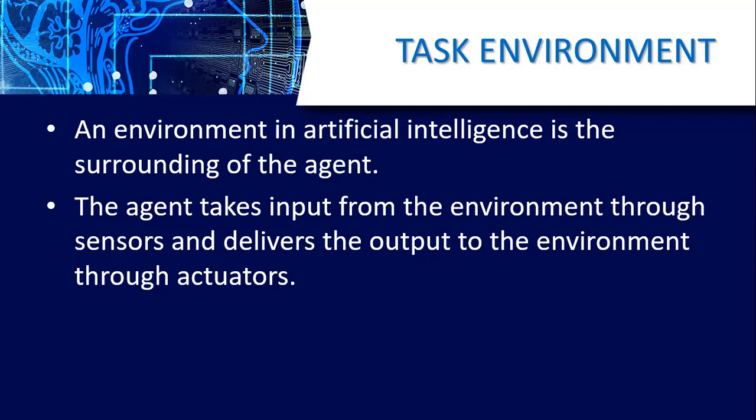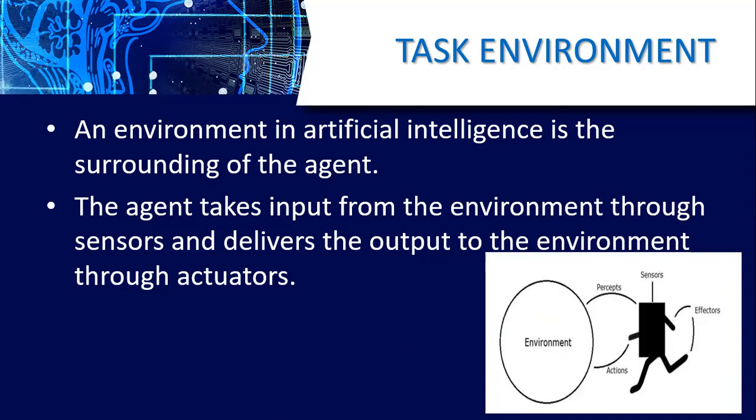Using that, the agent will take the input from the surroundings, and based upon that input, the agent will be pre-programmed with some particular task. Based upon the task, it will do the task, or if the agent has to take a decision, it will take the decision based upon the input and deliver the output to that environment through the actuators.